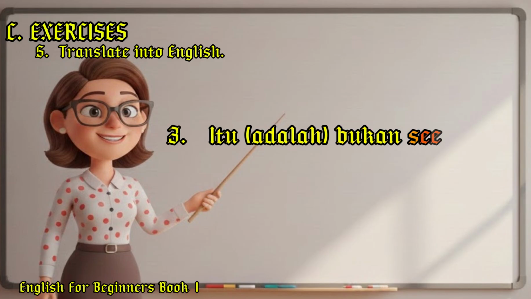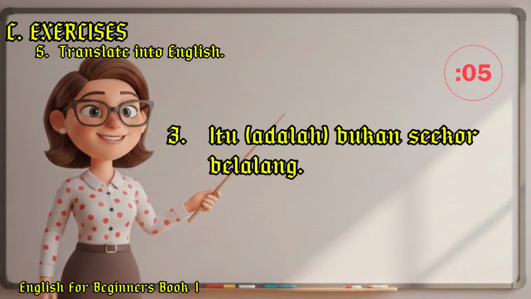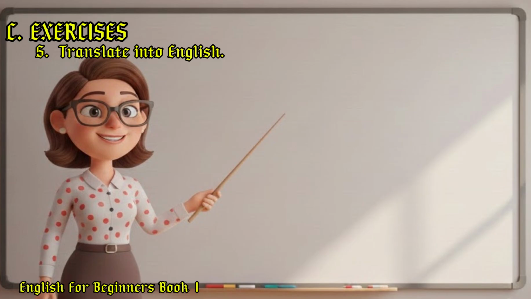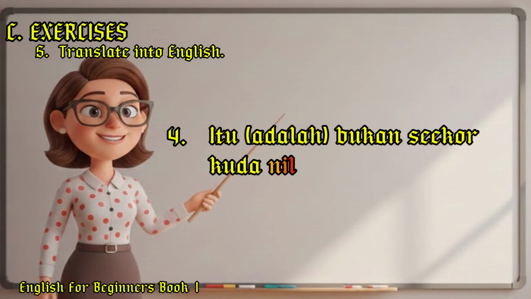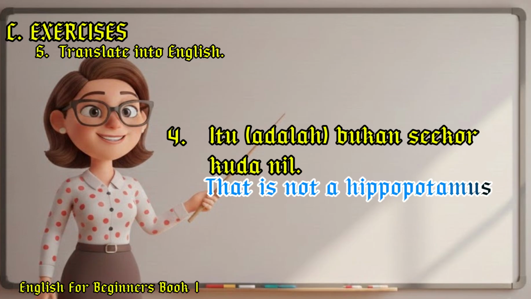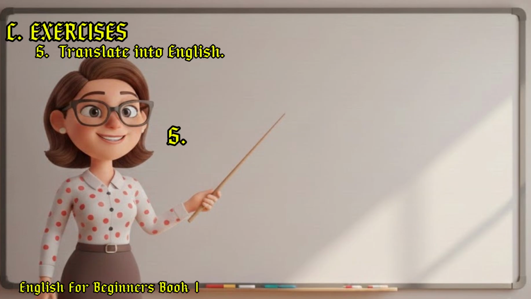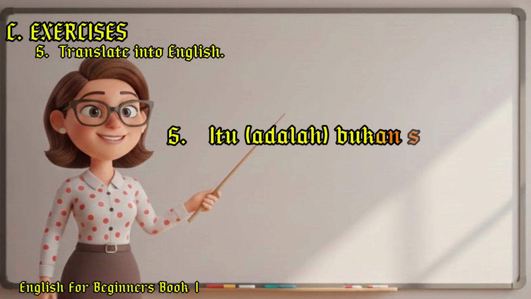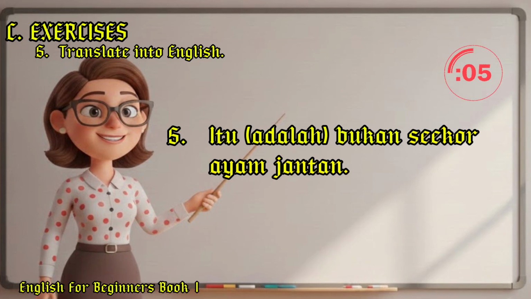Itu adalah bukan seekor belalang. That is not a grasshopper. 4. Itu adalah bukan seekor kuda Nil. That is not a hippopotamus. 5. Itu adalah bukan seekor ayam jantan. That is not a cock.